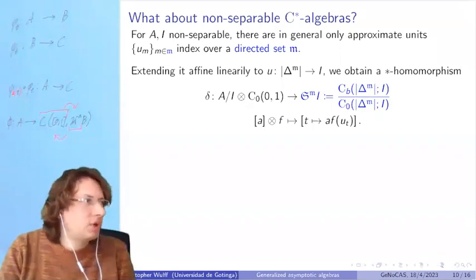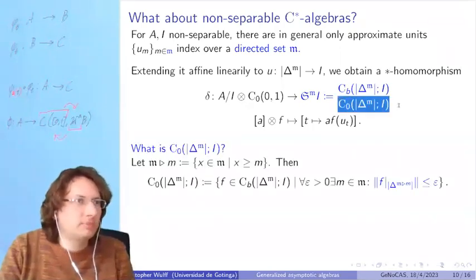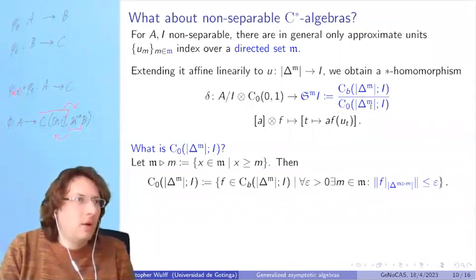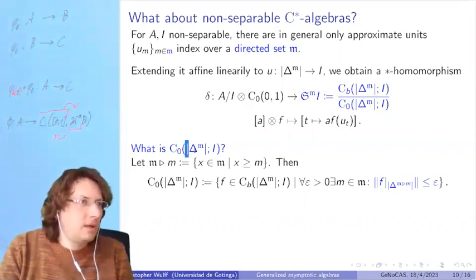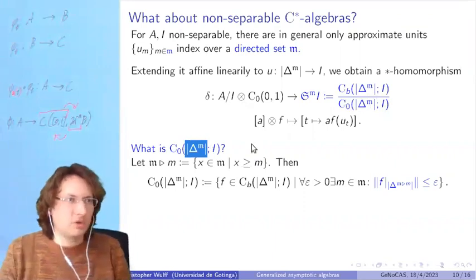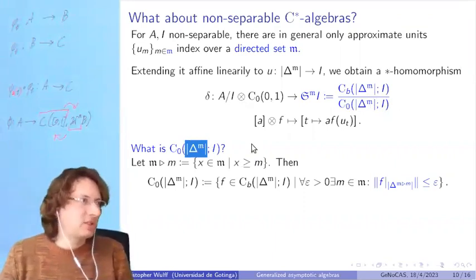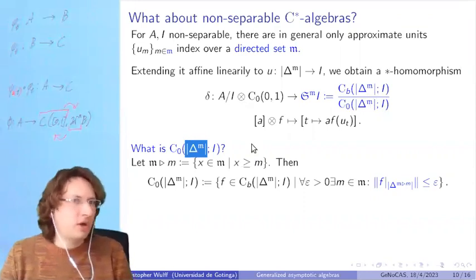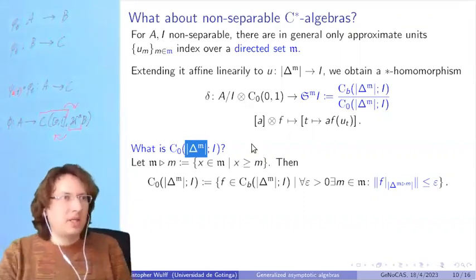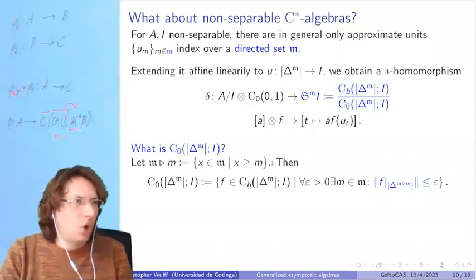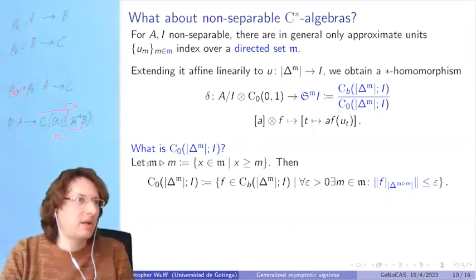And I should perhaps just say what I mean by C0 functions here. If M is now infinite, then these simplices are not locally compact spaces. So it's not really a good idea to define C0 functions as functions which become arbitrarily small outside of compact subsets. But instead, we want them to become arbitrarily small in the direction on the simplex which is given by the directed set M. And the way to do it is we look at the tail.